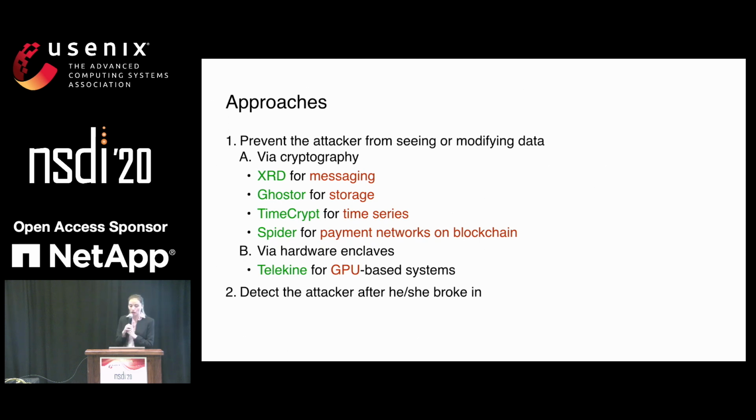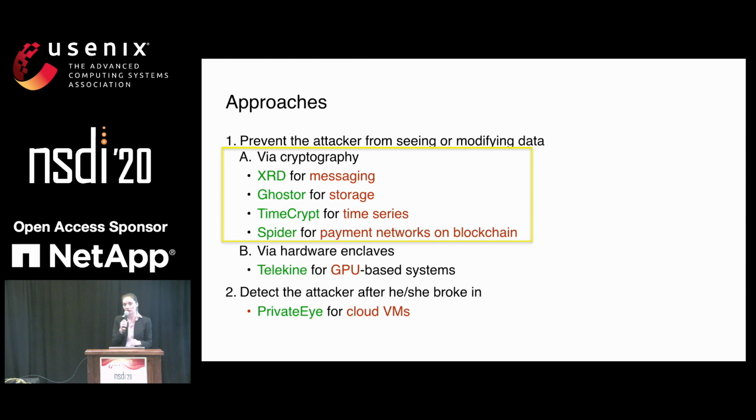And in the final approach, to detect, after the attacker broke in, to see what VMs got compromised, the system Private Eye will basically provide a system for detecting which cloud VMs were potentially compromised. So I won't be able to give you a lot of background into each one of these, but instead what I'll try to do is to provide a context at a high level within which each one of these works contributes, so hopefully you can appreciate each work better.